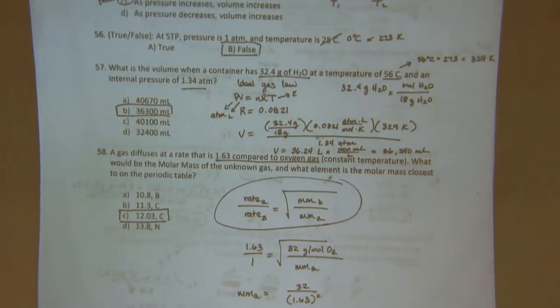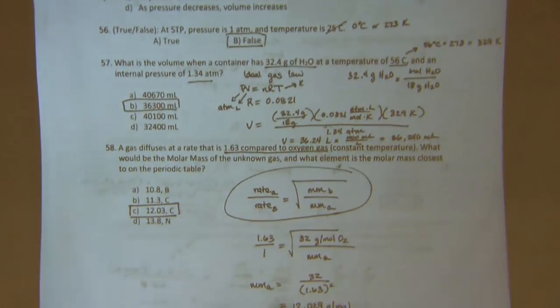Would you be given in a different question the rate of B, or would you always have to figure out that one is equal to the other? That's a really good question. Sometimes it'll give you rate A equals this, rate B equals this, but I just wanted to give you a sample problem where it's a little bit trickier. If they don't give you rate B, would you just have to assume that the rate they give you is bigger than the other rate?